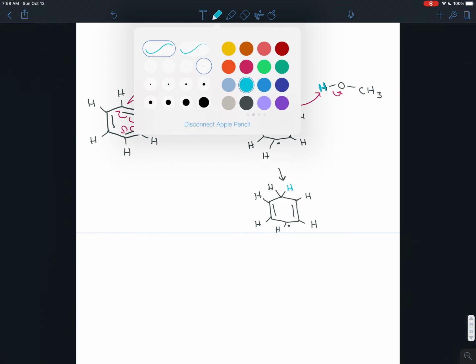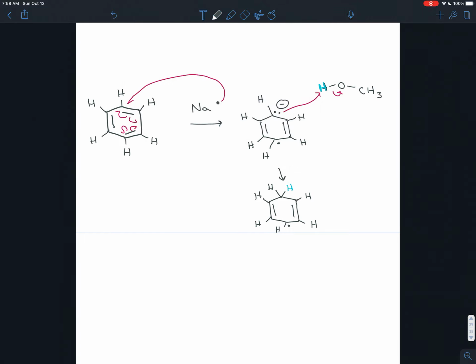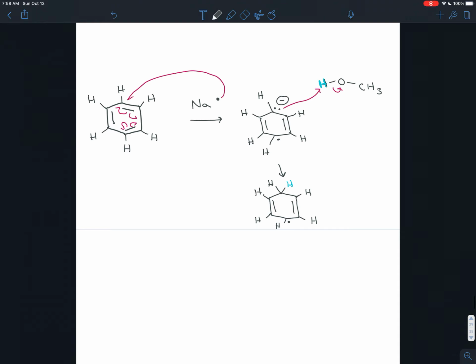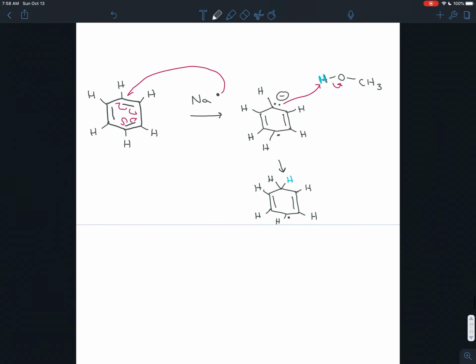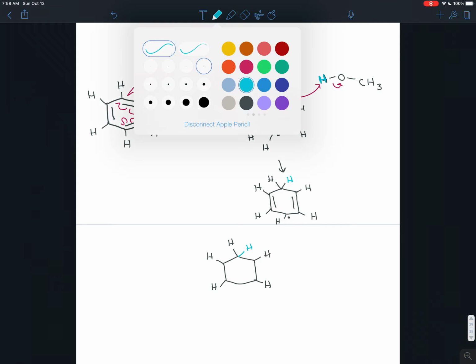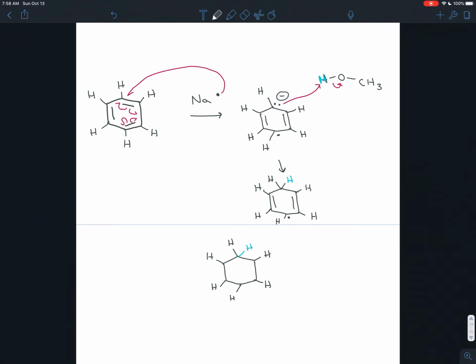So that's one, but we still have this really energetic radical, and that ends up taking another lone pair from the sodium. So that's moving around, knocks into sodium, and the sodium has plenty of electrons to give away.